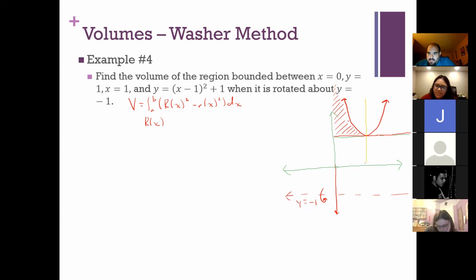So at this point, let's draw a rectangle to help us. I want this distance here, from the outer edge of that parabola to the axis of rotation. That distance is going to give me my capital R of x.